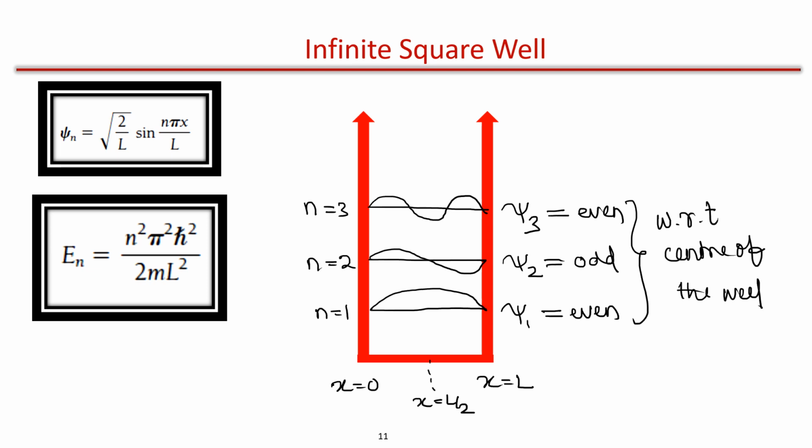In order to demonstrate this, some authors center the well at the origin. That is, they consider x is equal to minus a at one end, the origin at x is equal to 0, and plus a at the other end. In that case, what they will find is that the even functions are cosines and the odd functions are sines.